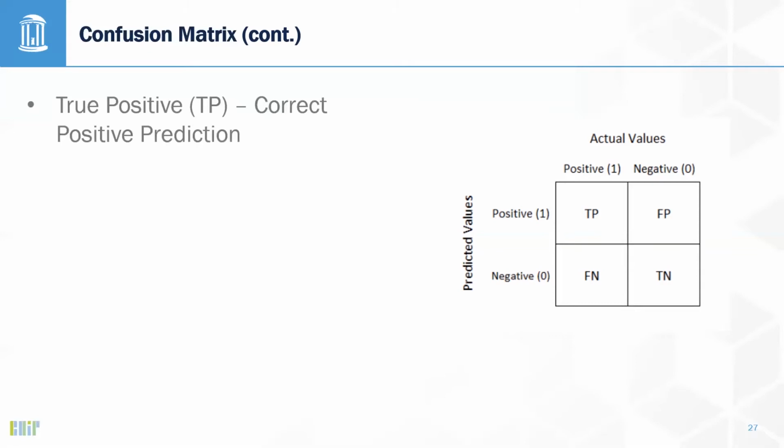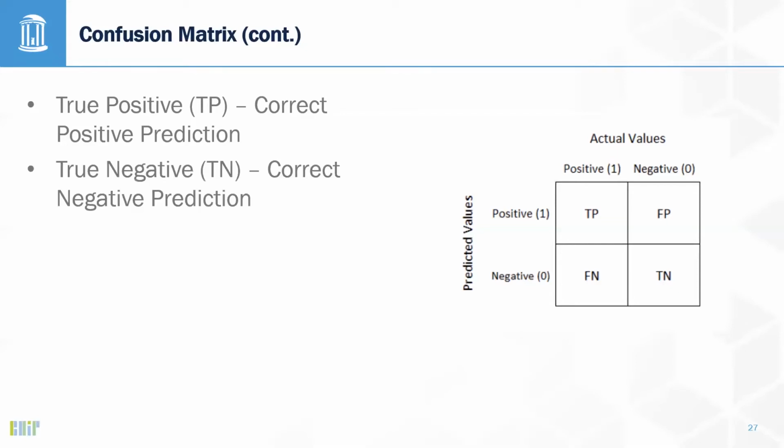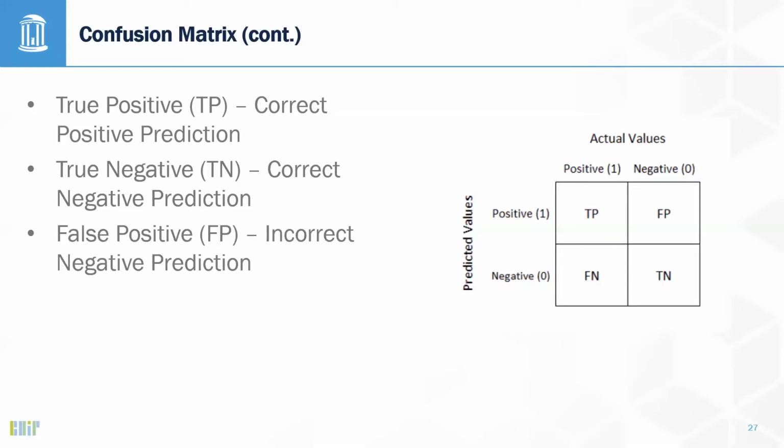In the bottom right, these are values that the model predicted to be negative and that were actually negative in the data. We refer to these as true negatives. In the top right, these are values that the model predicted to be positive that were actually negative. We refer to these as false positives. Finally, in the bottom left, these are values that the model predicted to be negative that were actually positive. We refer to these as false negatives.